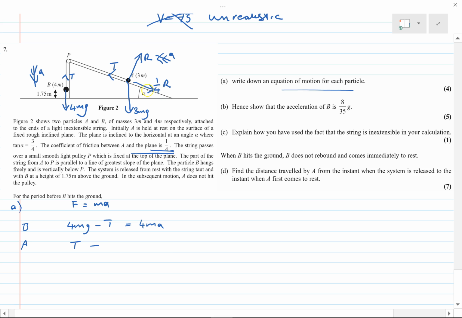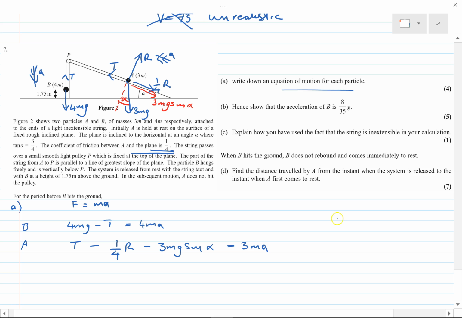The component of the weight down the plane is 3mg sine alpha, because we've got an angle alpha there. So completing the equation: T minus a quarter R, take away 3mg sine alpha, is equal to 3ma.